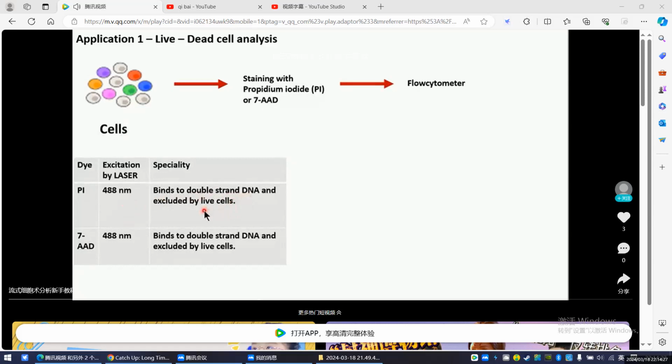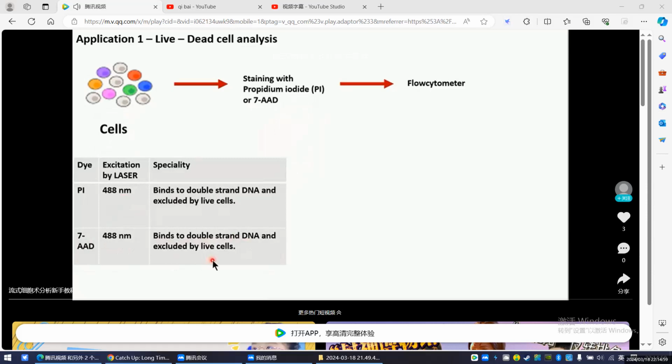It means this dye can only go in the dead cells, where it binds to double-stranded DNA and is intercalated there, giving a specific fluorescence that is detected by the 488 nanometer laser. Another dye is 7-AAD. It is again excited by 488 nanometer, doing the same thing, binding to double-stranded DNA and excluded by live cells.